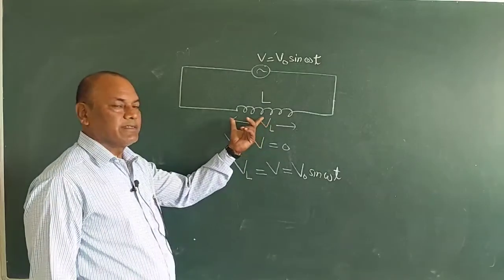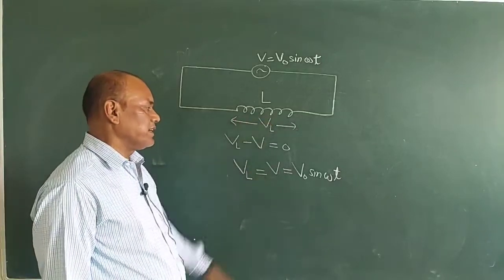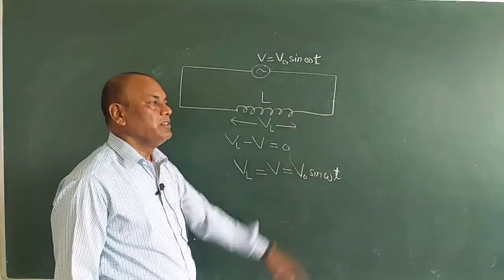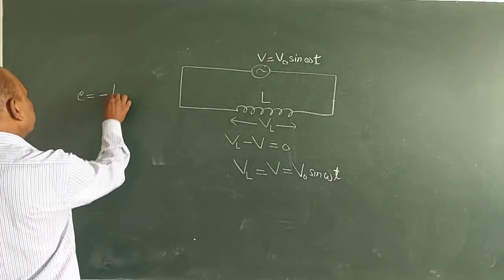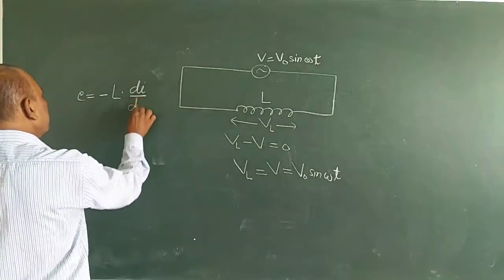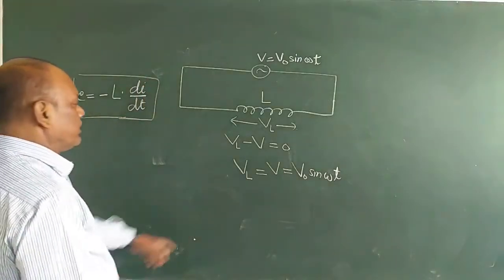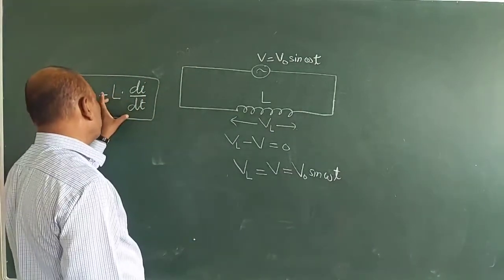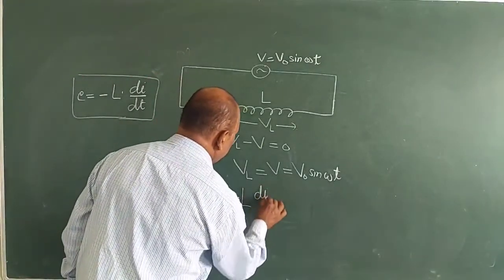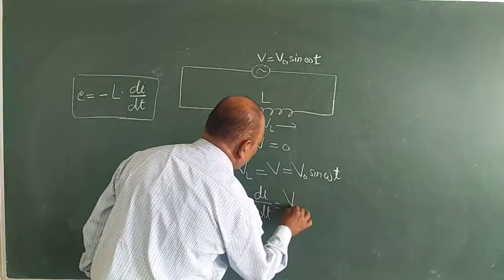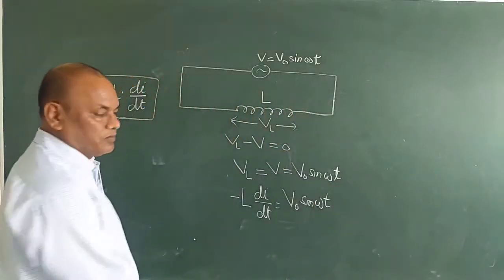This voltage is also known as induced voltage. Induced voltage produced across this inductor will be equal to V0 sin omega t. You know this formula, E is equal to minus L di by dt. From this formula, we may substitute the value VL in terms of minus L di by dt. So minus L di by dt is equal to V0 sin omega t.